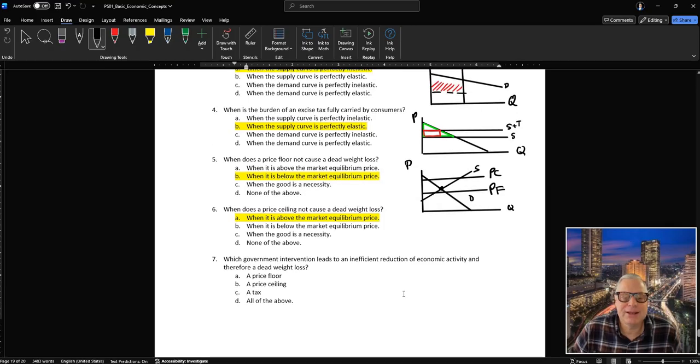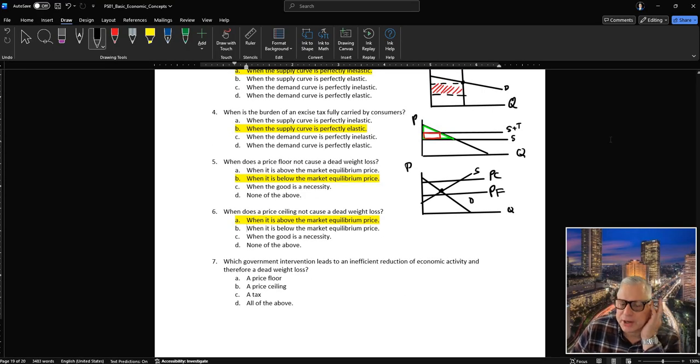Which government intervention leads to an inefficient reduction of economic activity? Okay, so we already have seen we reduce economic activity with a price floor, price ceiling, and a tax. But a subsidy led to an inefficient overproduction.